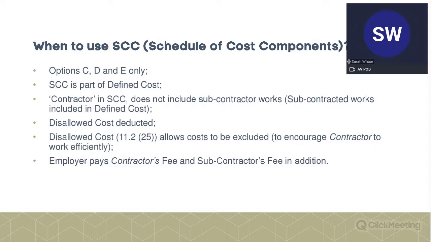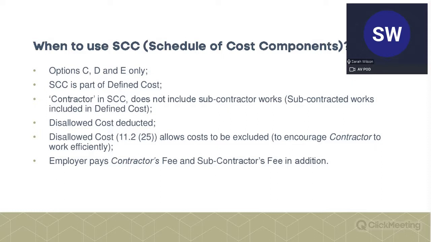And then at the end, there's a final reckoning to decide whether the works come in under budget or over budget, and whichever one it is, there's then a sharing of the remaining money from the fixed price that will have been set in the contract, or in not such good circumstances where there's been a loss made, a sharing of that loss. So the schedule of cost components is critical here for that work as you proceed.